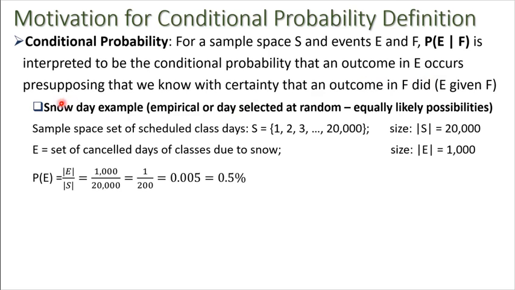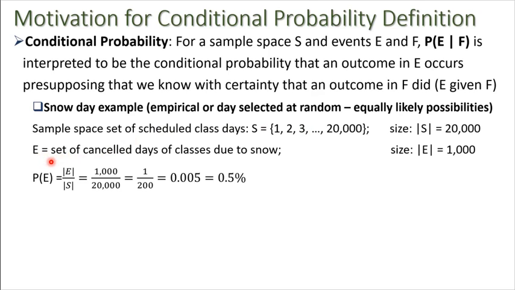So considering this snow day example, we can model this as the set of the positive integers from 1 to 20,000. That is, we can model the sample space as the set of day numbers corresponding to each class day we've had, with 1 being the first one, 2 being the second one, 3 being the third one, since the school was founded in 1955.